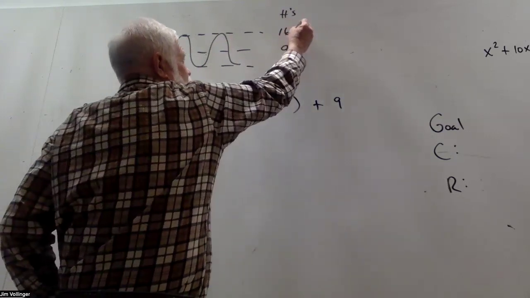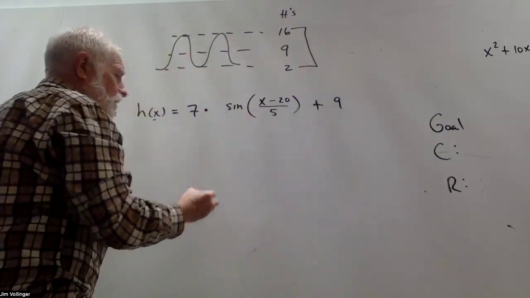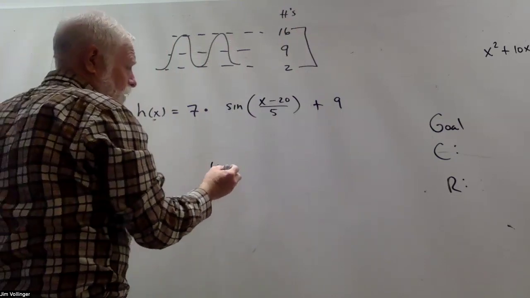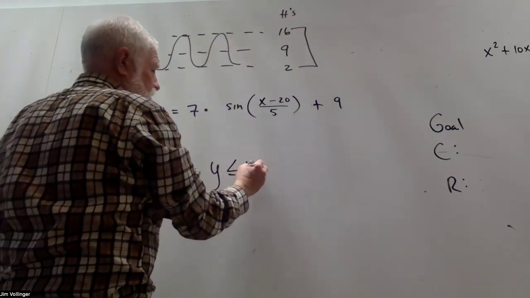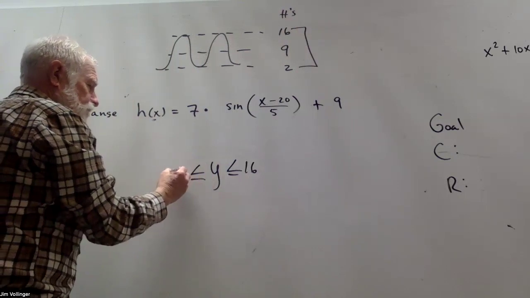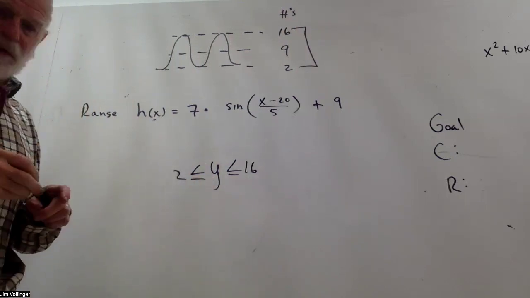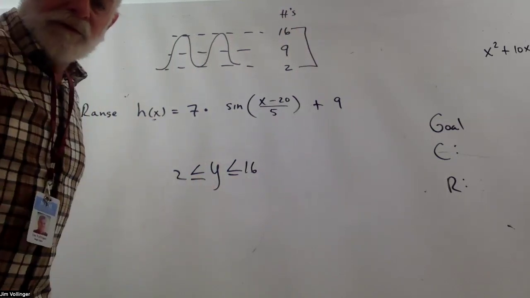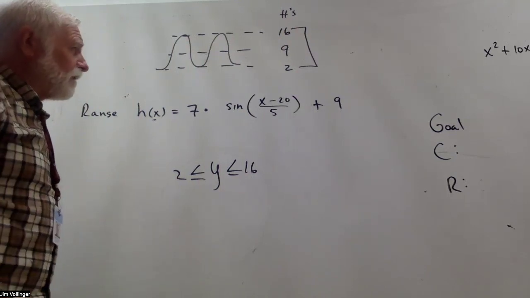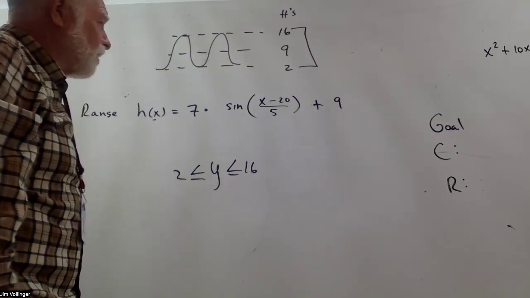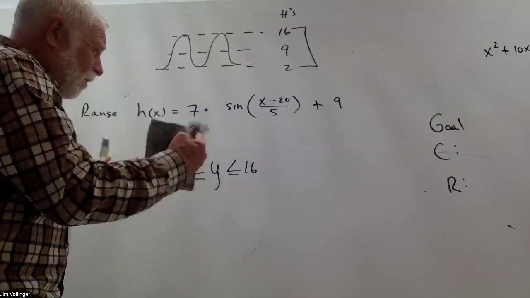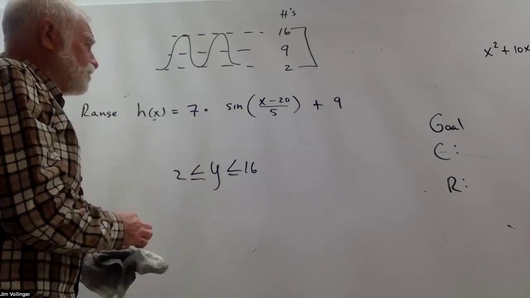So what's the range? Those are y values, and those y values are less than or equal to 16 and greater than or equal to 2. I'm not going to spend much time on that. You don't have to learn it immediately, but after you see it two or three times, you should have it without too much trouble. Understanding why we're getting it, that's the issue.